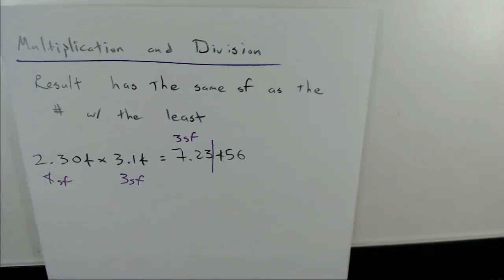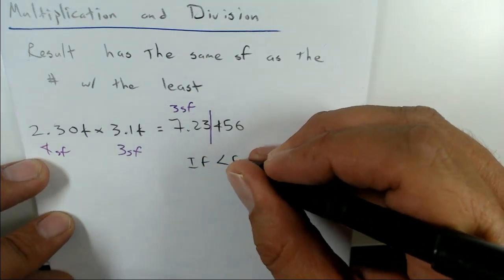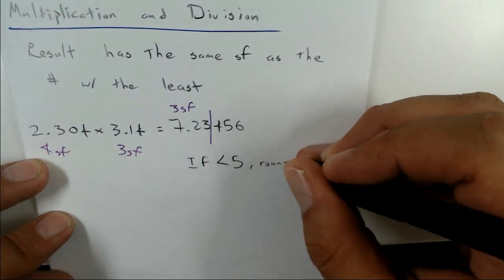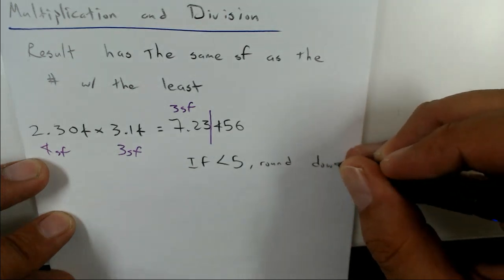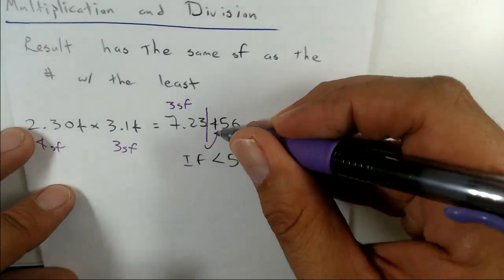And well, what was the cutoff for rounding up and down? You remember what it was? Yeah, 5 and up, you round up. And less than 5, you round down. So I like to say if less than 5, round down. And once again, just to clarify here, I am referring to that number only.